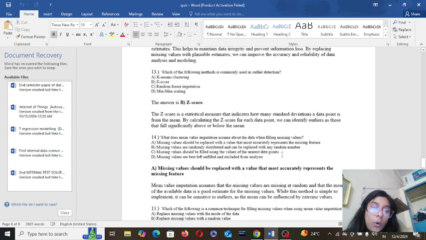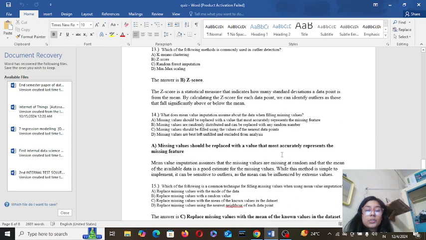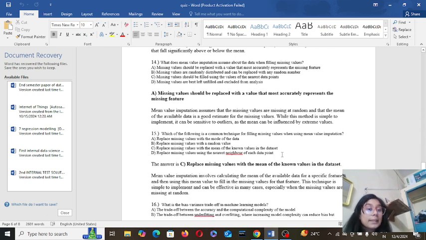Next, what does mean value imputation assume about the data when filling missing values? So the right option is missing values should be replaced with a value that most accurately represents the missing features, because mean value imputation assumes that the missing values are missing at random and that the mean of the available data is a good estimate for the missing values.